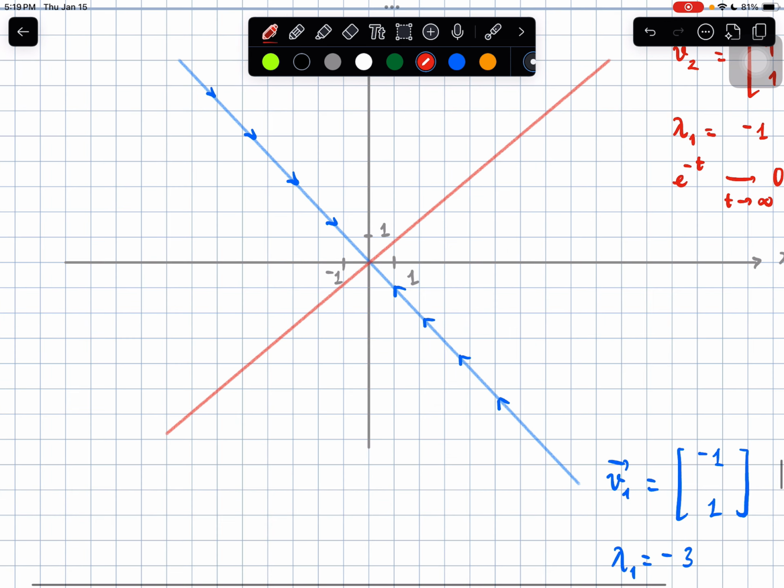Again, this one will also go to the origin.